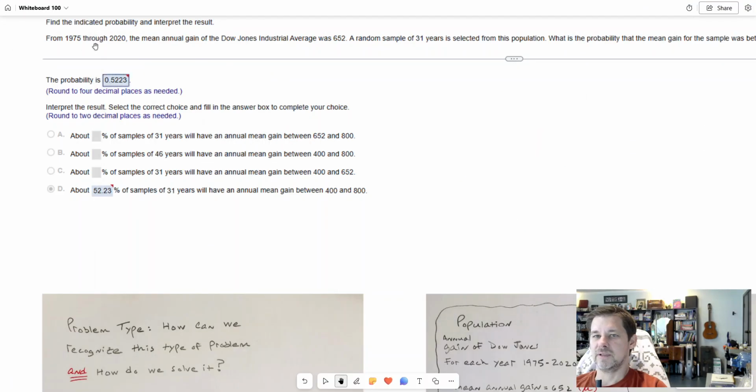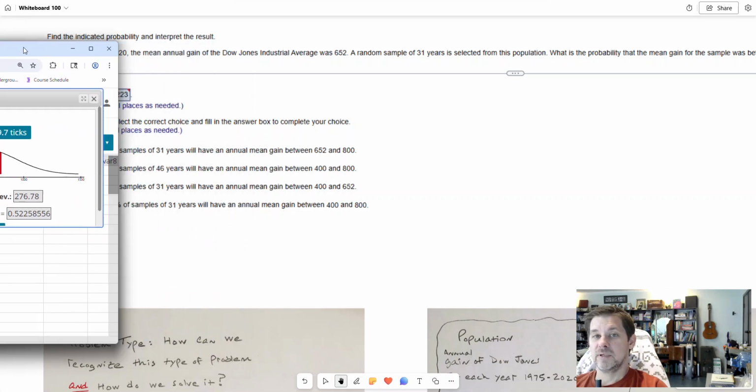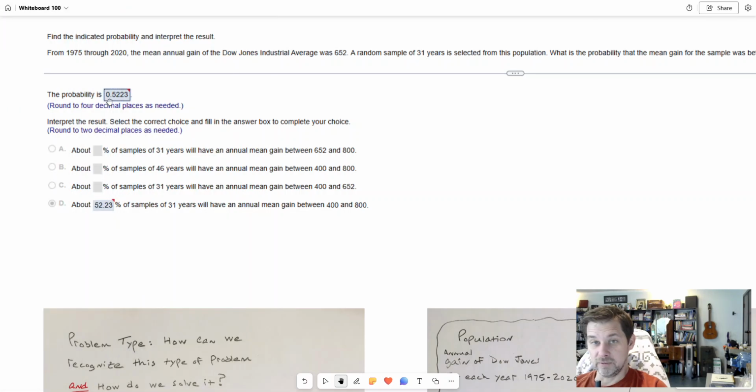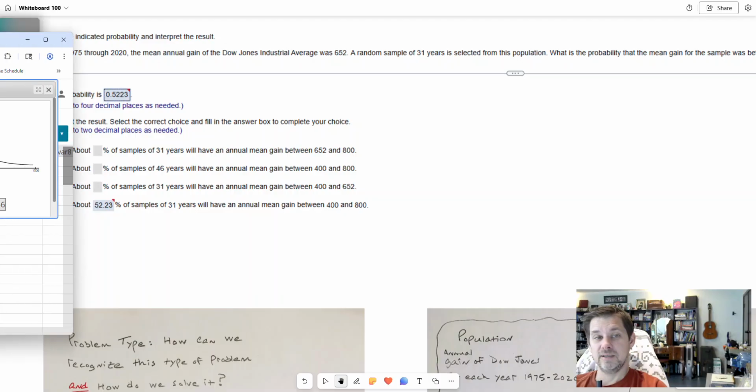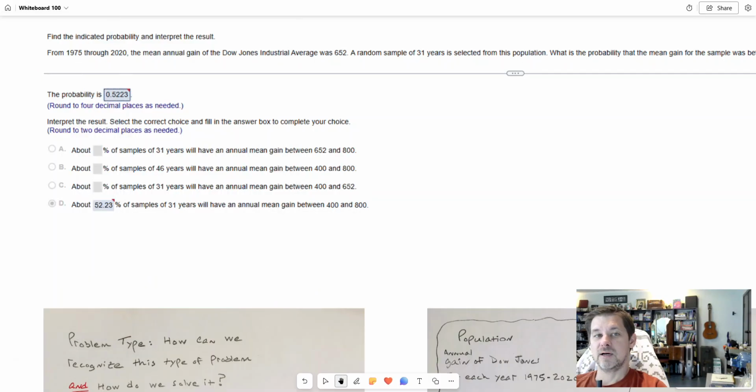There are different ways you can calculate this number. StatCrunch is one of the ways, but there are also tables where you look this number up. That's not something I'm including in my class. You'll use StatCrunch, but even though this number, as you see it on the screen, is a little different than that one, there is some tolerance built in here, and it will accept your answer from StatCrunch. So don't worry about it.